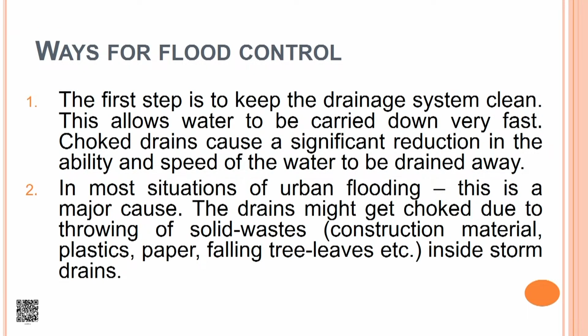We can experience when we move to the roadside, every drainage hole can be blocked. We can see them blocked by polythene paper, some garbage. So, drains might get choked due to throwing of solid waste. It includes construction material, plastic papers, falling tree leaves inside storm drains.